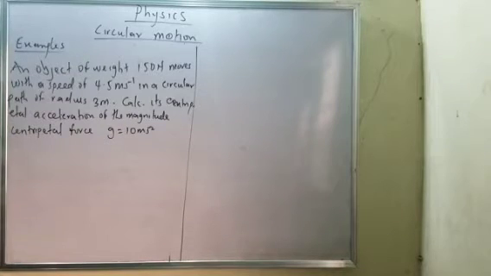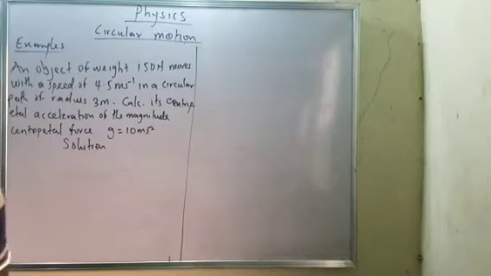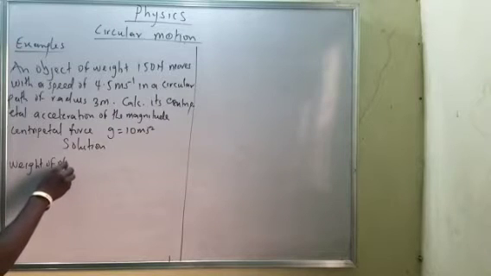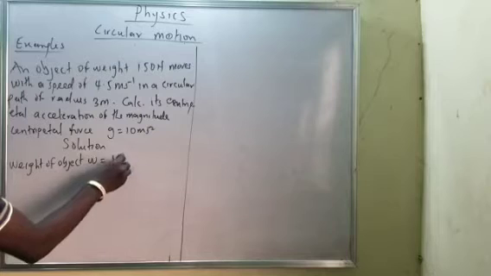Now, the solution to this problem. If I have this type of problem, the first thing I would do is write out what I'm having. The first thing is the weight of the object, W equals 150 Newton.